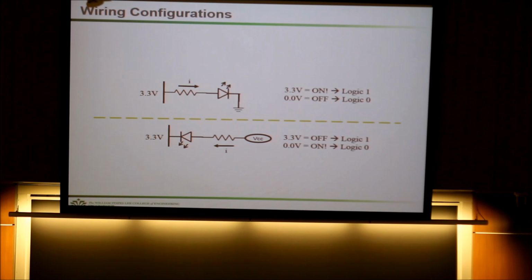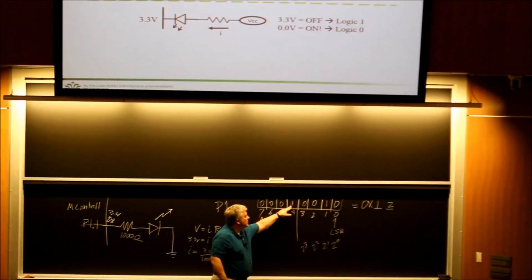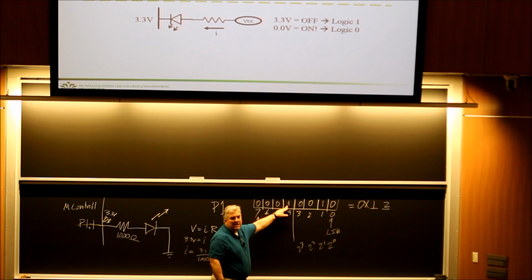And one thing I should add, too, is the one at the very top, you'll be able to turn on and off that LED by using these ports. And oh, look at this. If we put a 1 there, that might mean that I want to light that LED. Or if I put a 0 there, that means I might want to not light that LED.